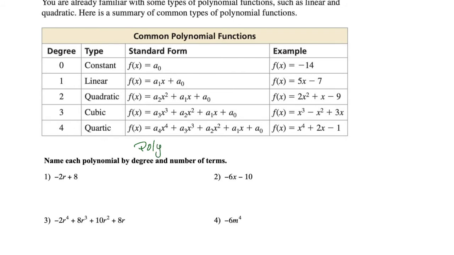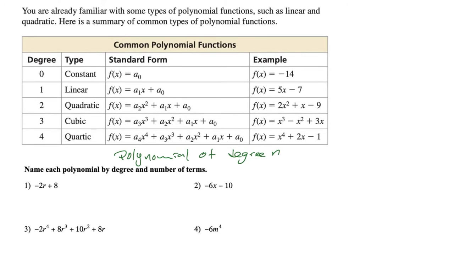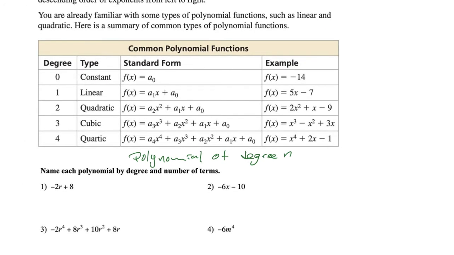polynomial of degree n, right? We also can name it by how many terms. If we have 1 term, it's a monomial.